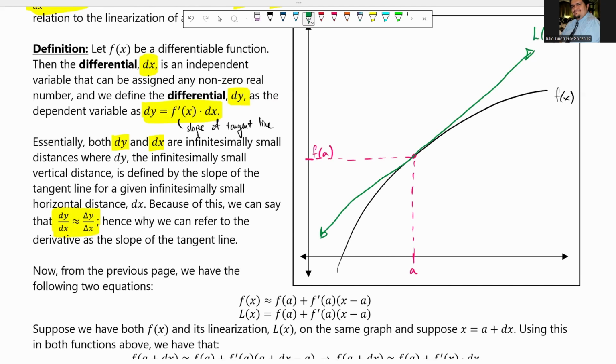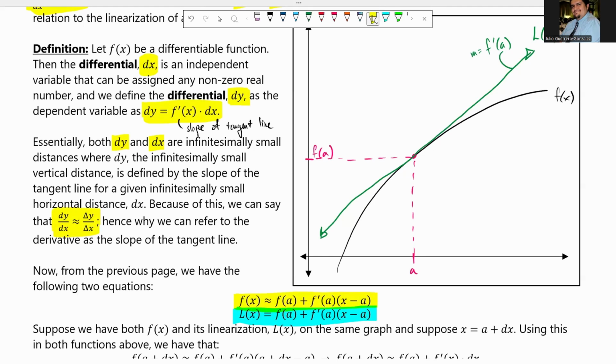And now keep in mind that my slope is f prime of A. We know these two things, that f of x can be approximated by f of a plus the derivative times x minus a. We gave that a nice name, L of x, stating that that is the linearization or the tangent line approximation to f of x.